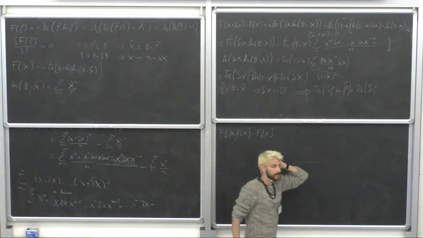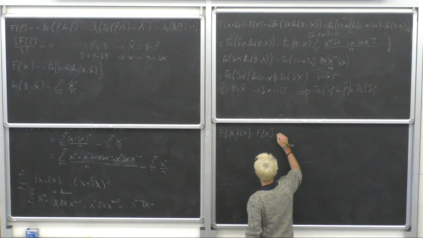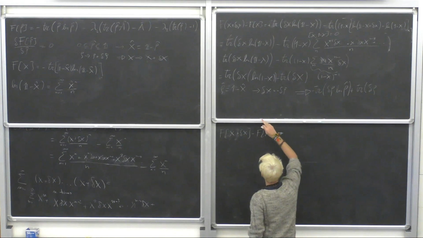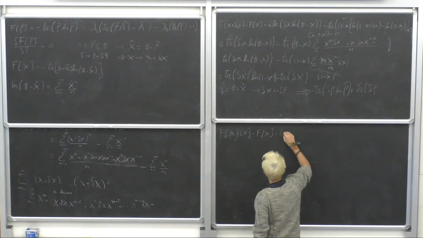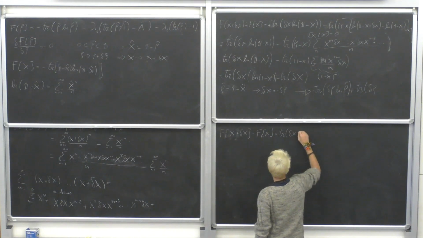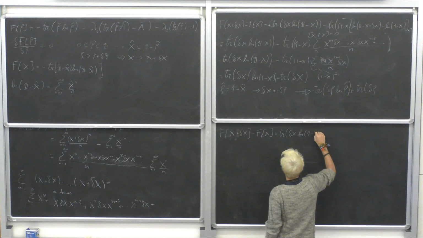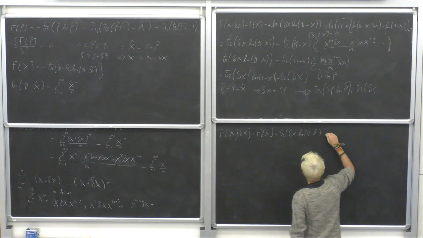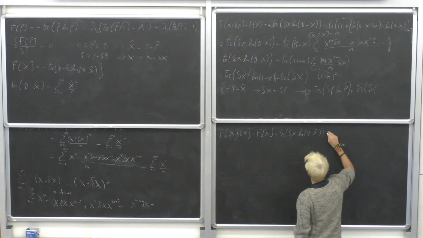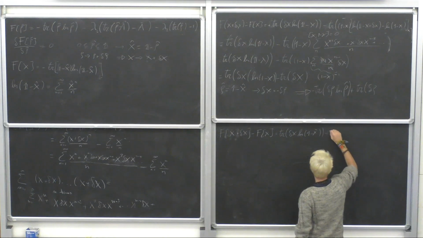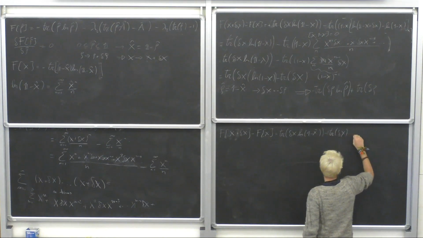There is only a delta x remaining. So this difference, I will still write it in x, is the trace of delta x logarithm of 1 minus x, minus the trace of delta x.